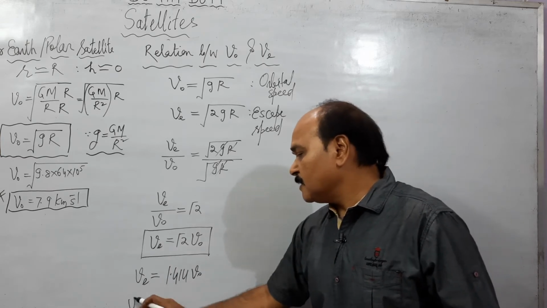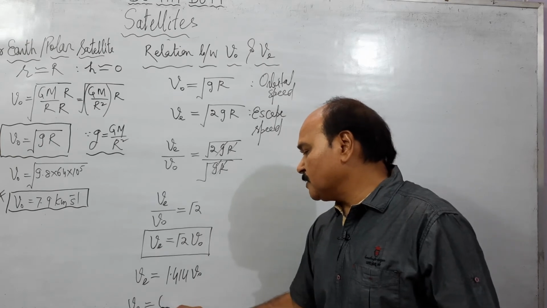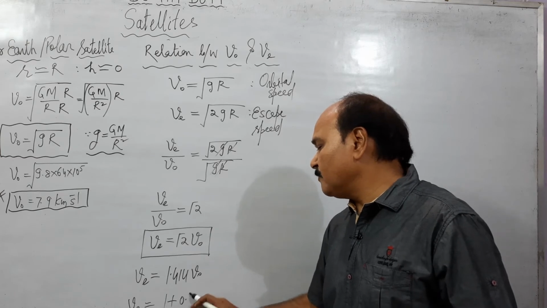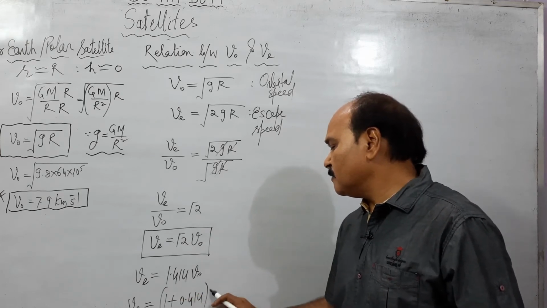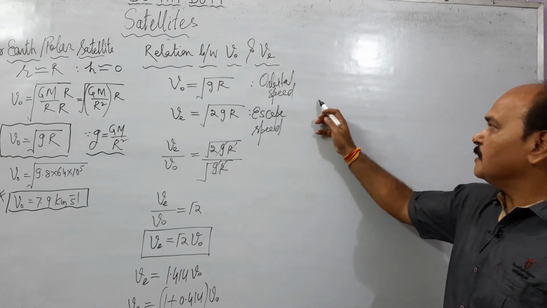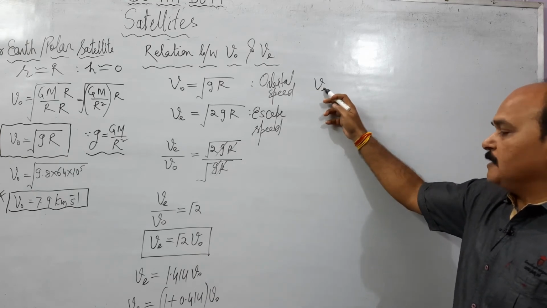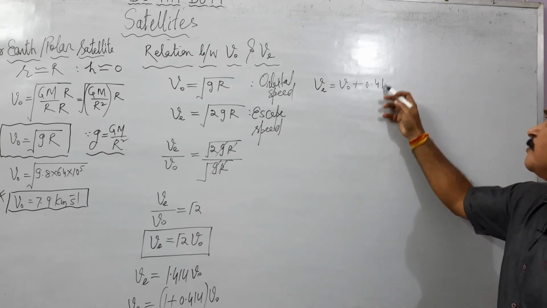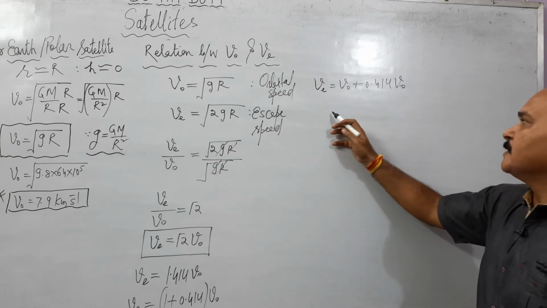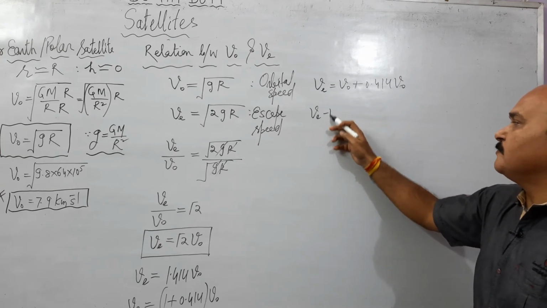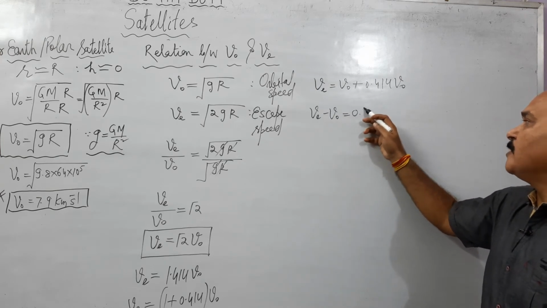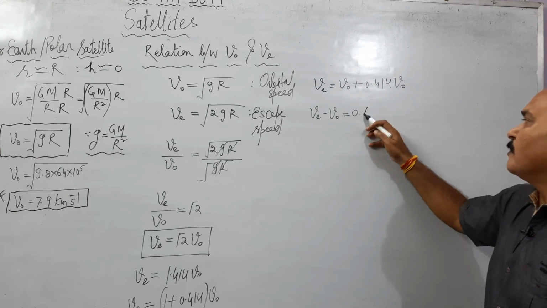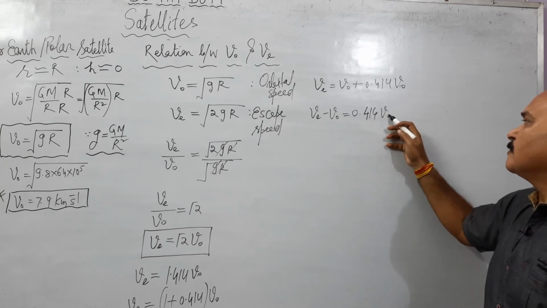We can write 1.414 as 1 plus 0.414 times V0. Let us open up the brackets. What do we get? We get VE is equal to V0 plus 0.414 times V0. That means VE minus V0 is equal to 0.414 times V naught.